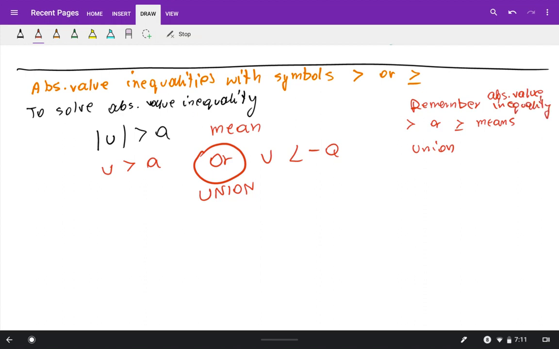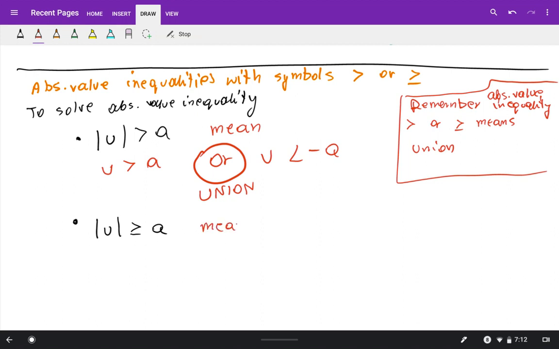Greater than or greater than or equal means union, which means adding solutions. And you will do the same thing if you want to solve the absolute value of u greater than or equal to a. That means that u is greater than or equal to a or u is less than or equal to -a.